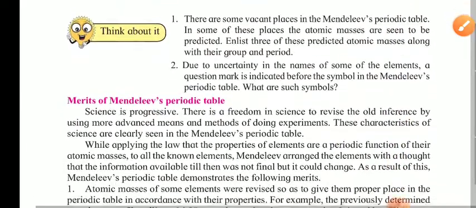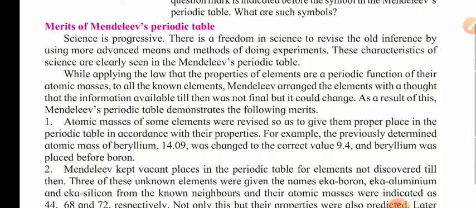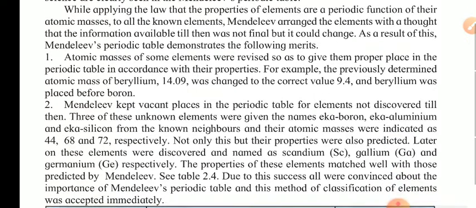Further, about the merits of Mendeleev's periodic table, what benefits we had over the Newlands octave and the Dobereiner triads, we will see one by one. The first one: atomic masses of some elements were revised so as to give them proper place in the periodic table in accordance with their properties.